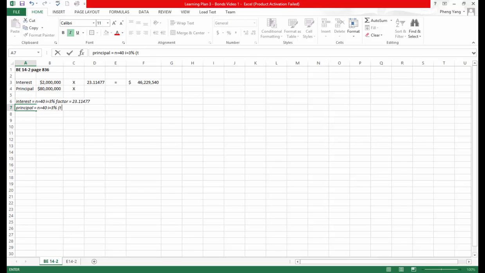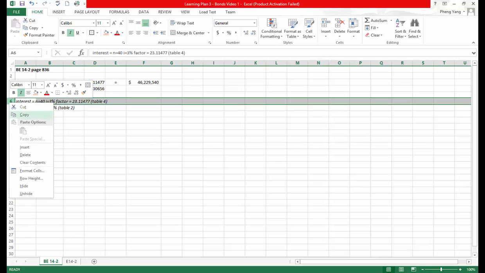Once again, it's 6% paid semi-annually, but we use 3%. So if we look at table 2 for 40 periods and 3%, our factor is 0.30656.